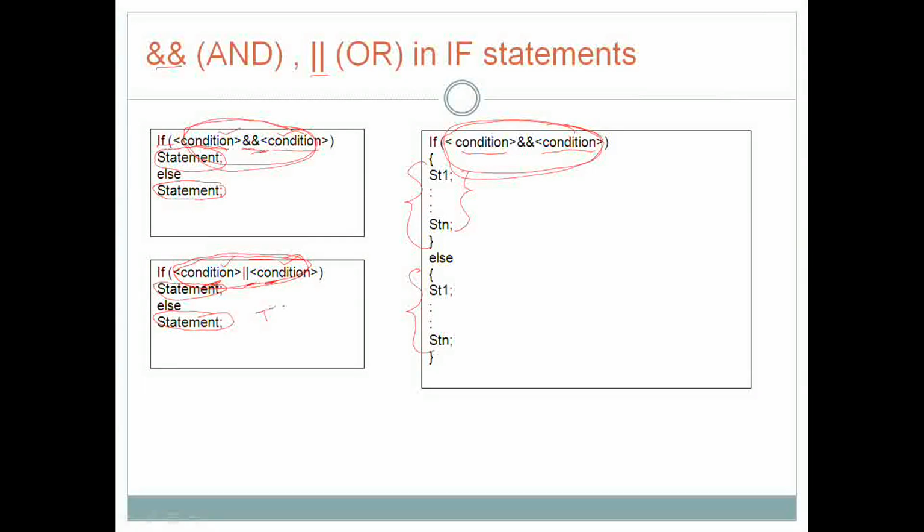So in OR, true or false returns true, false or true returns true, false or false returns false, and true or true returns true. So if any one condition is true, the outcome is true. Now this is combining multiple conditions.